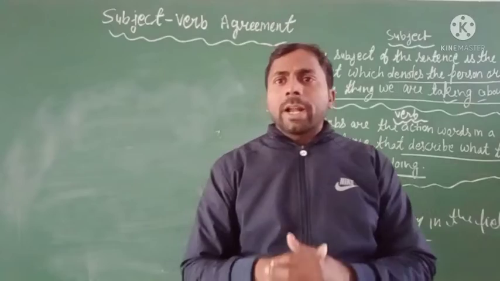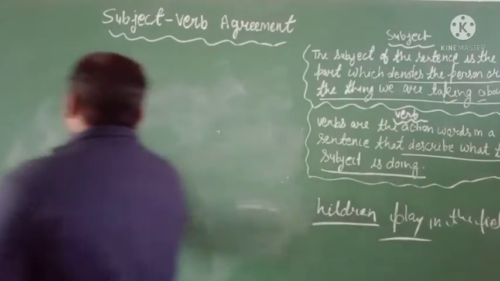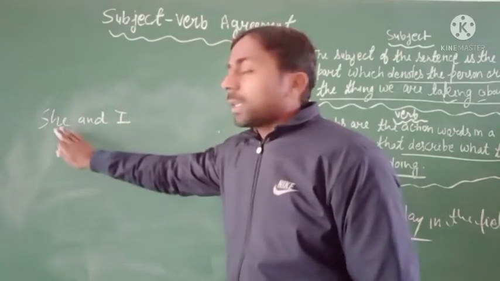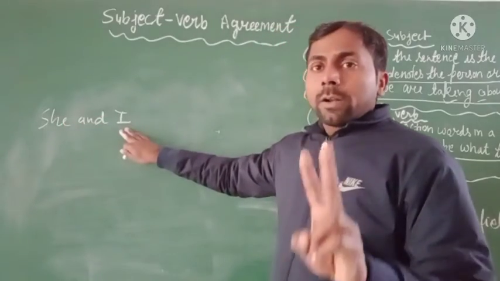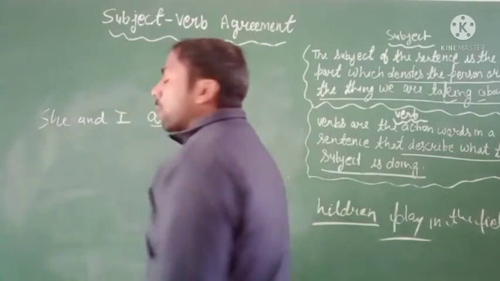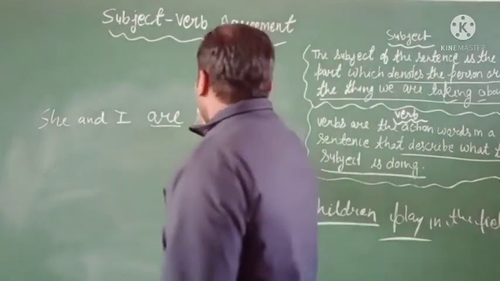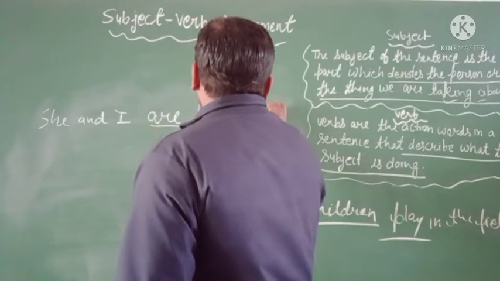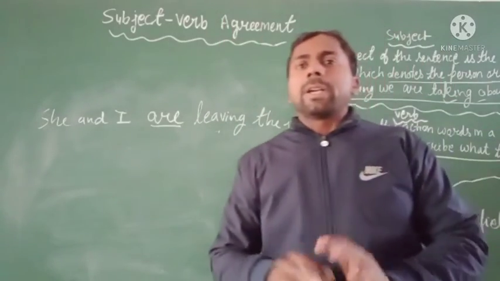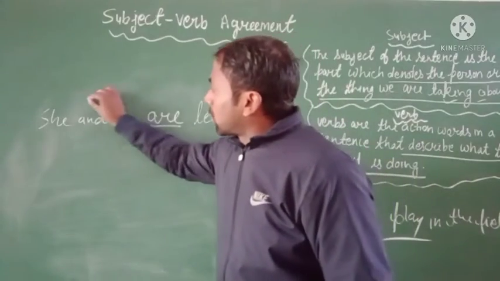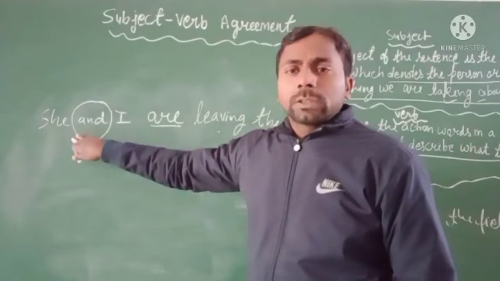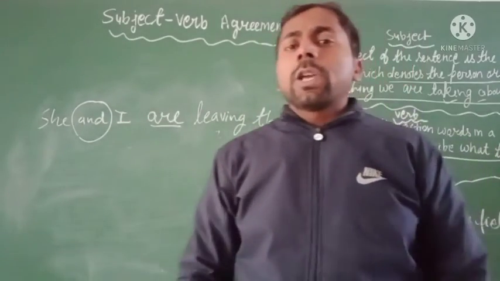For example, she and I are leaving the job. Here is she and here is I. There are two subjects, then you always use a plural number verb: are leaving the job. It's a simple rule. When subjects are connected with and, there are two persons, so always use the plural number.